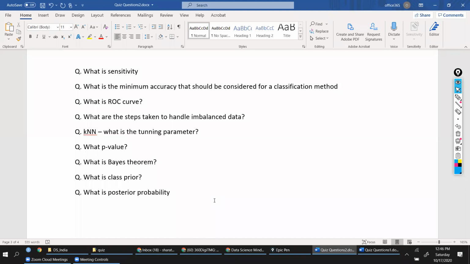Exactly. Probability of a class given condition. That's your posterior probability. What does data likelihood or class likelihood given data mean? Or I should say data likelihood.